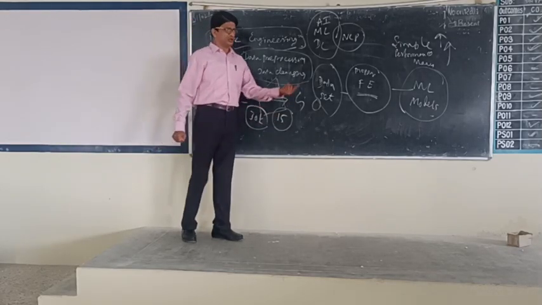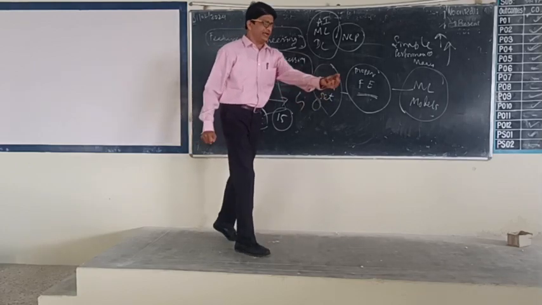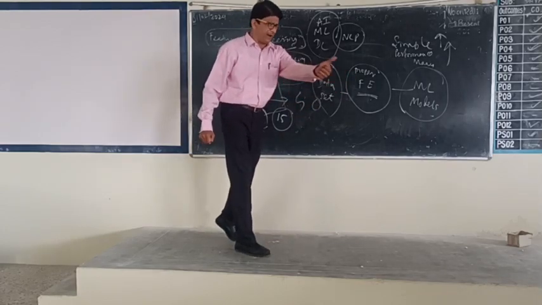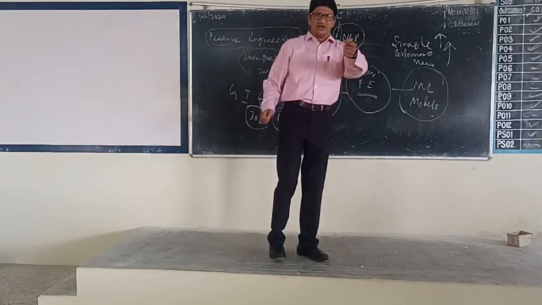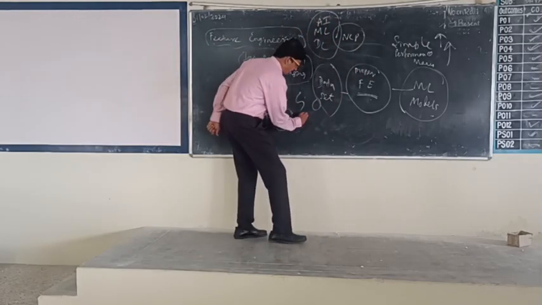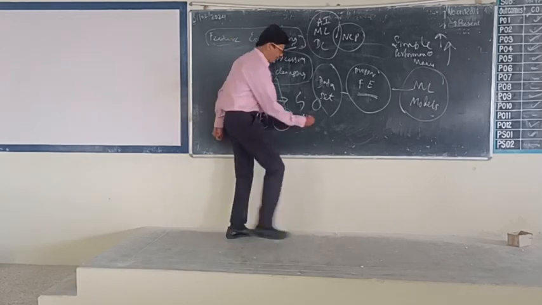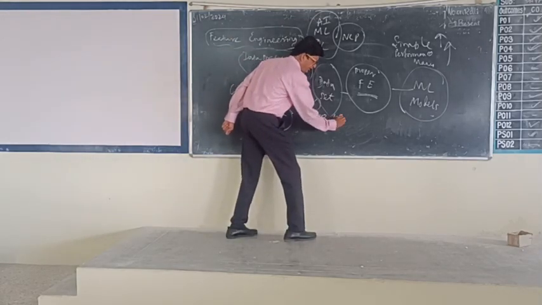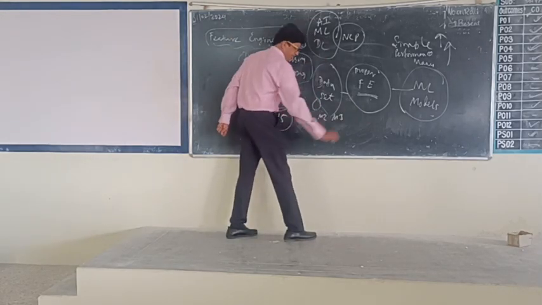For example, student ID, name, date of birth, age, mobile number, address, father's name, and so on and so forth. Then we also have Mark 1, Mark 2, Mark 3, maybe three marks.